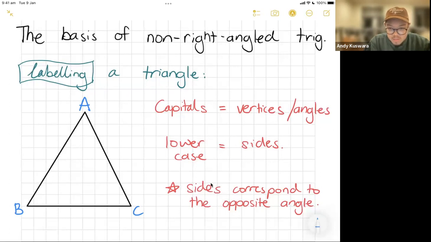Your sides have to correspond to the opposite angle. So if that's A, the opposite side must be lowercase a. If that's angle B, the opposite side will be side b, and same thing for side c. Hopefully that makes sense.